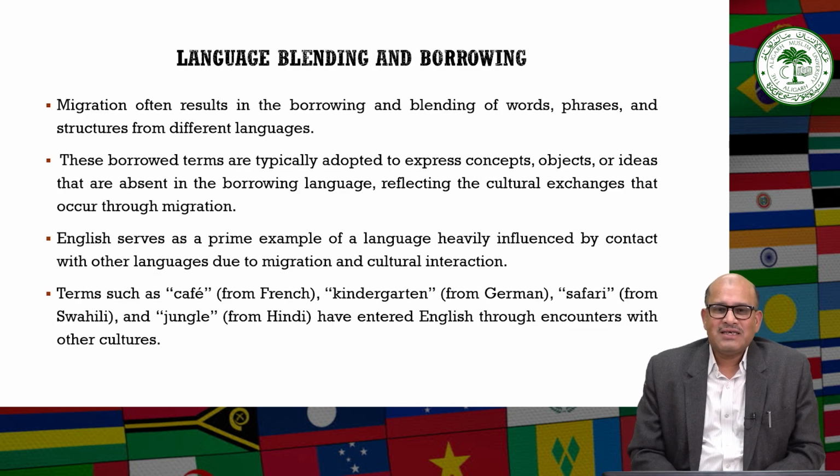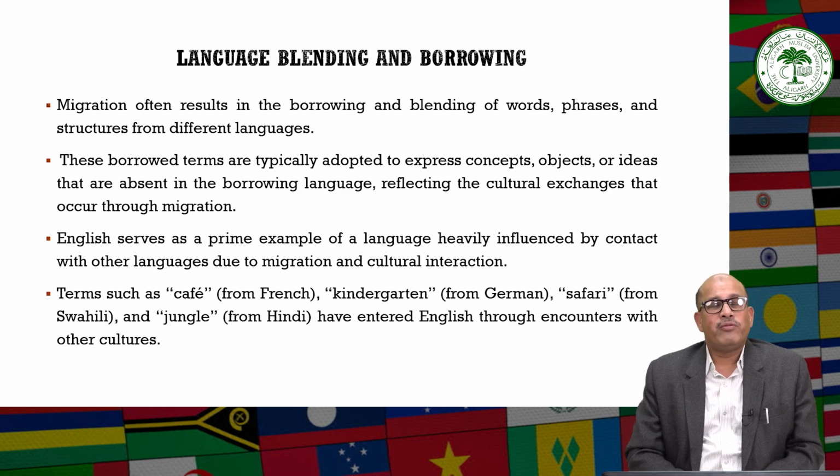Migration often results in the borrowing and blending of words, phrases, and structures from different languages. These borrowed terms are typically adopted to express concepts, objects, or ideas that are absent in the borrowing language, reflecting the cultural exchanges that occur through migration.